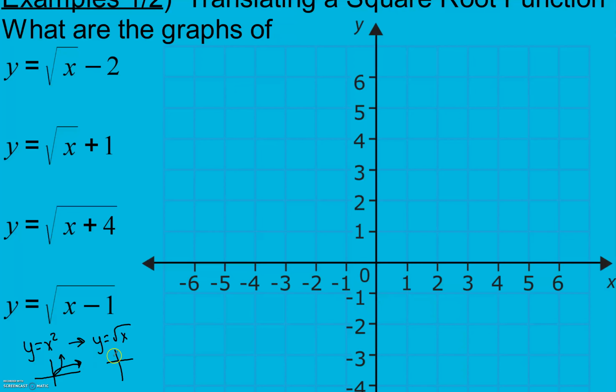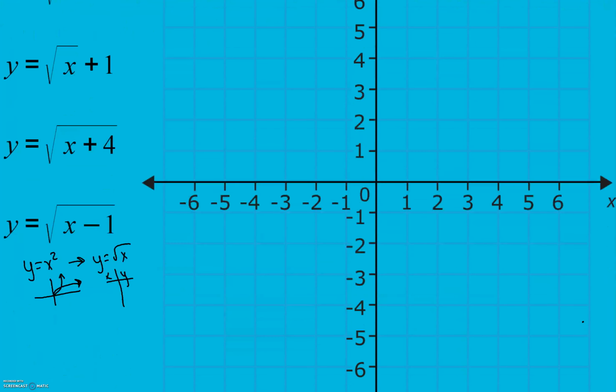Our points used to be for positive values. Our x values, we had 0, 1, 2. Our y values, then, when we plug them in: 0 squared, 0; 1 squared, 1; 2 squared, 4.